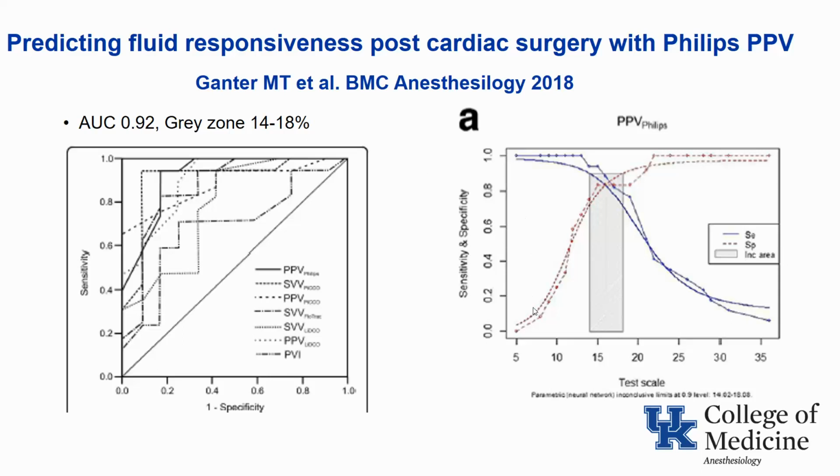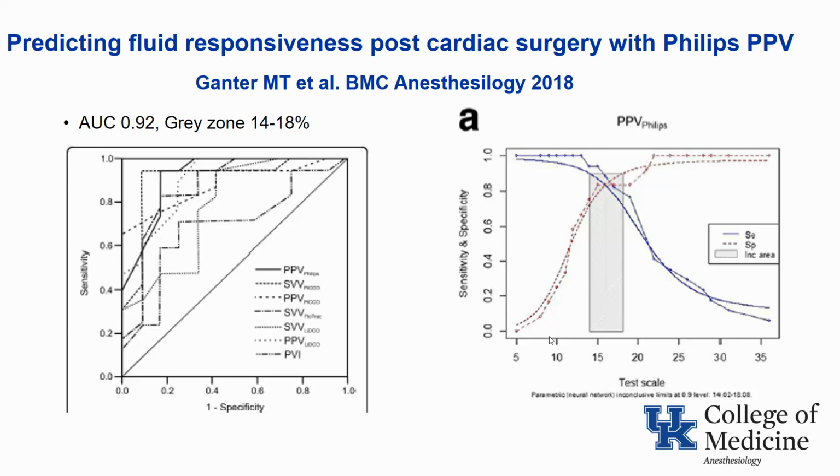This shows the sensitivity and specificity of the method. And you see, of course, the specificity is very good at very low values, but as the values get higher, then the specificity goes down.